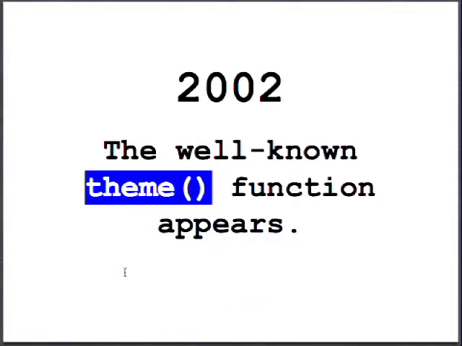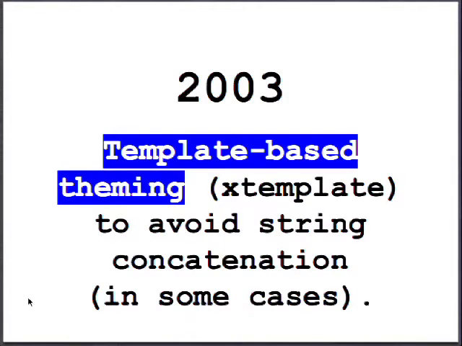In 2002, we finally had the theme function as an API to get into, okay, how do I actually create markup? How do I pull things out on my own? And in 2003, everything before then was concatenated together. And we still have some concatenation that exists in core, which is not that easy to use, especially if you're a newcomer, because you don't want to dig through a PHP file.